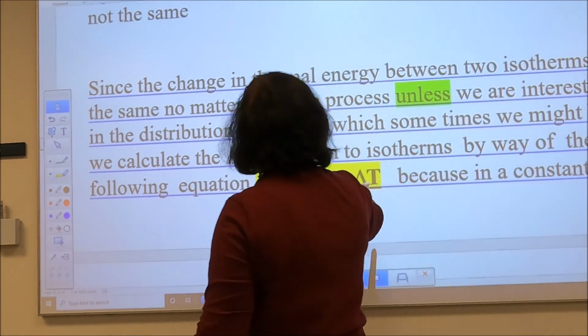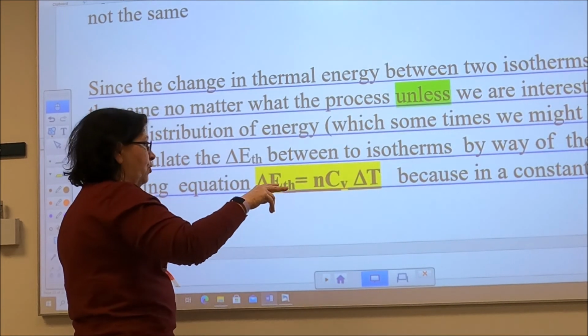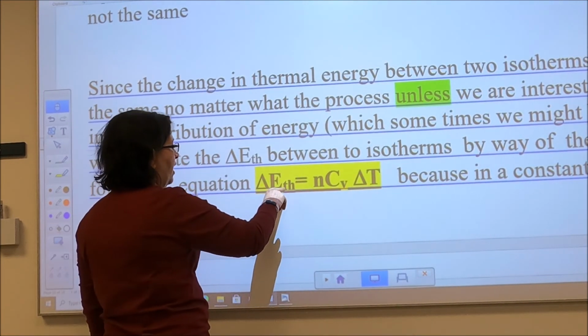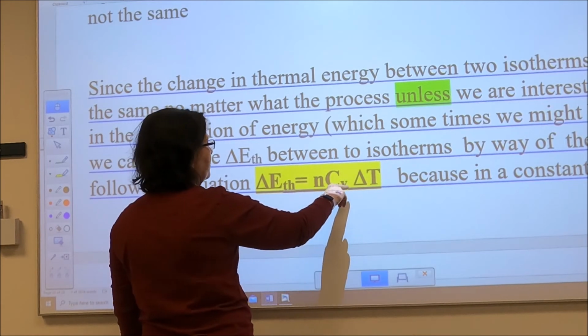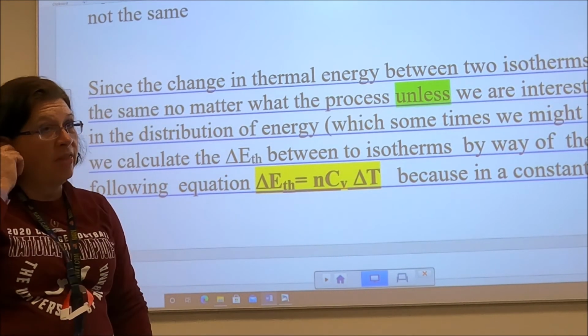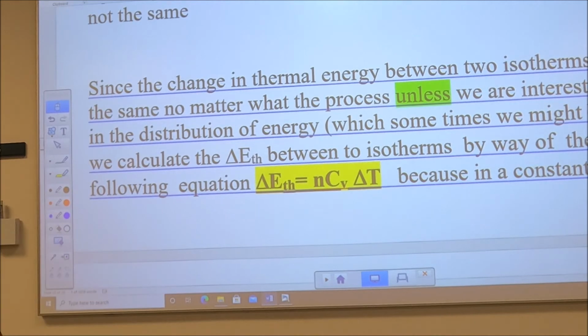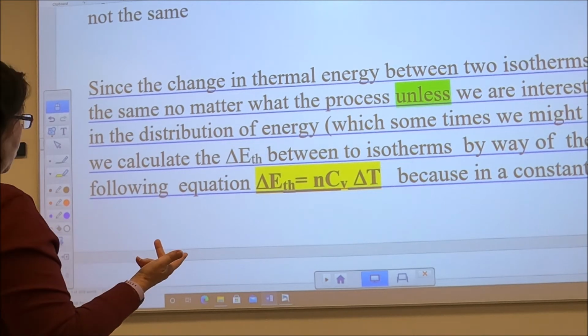So if I'm going between two different temperatures, I can always calculate the change in thermal energy as n C sub V delta T, even if that's not the process I'm undergoing, if I'm not interested in what came in as heat and what came in as work, or left as heat or left as work.